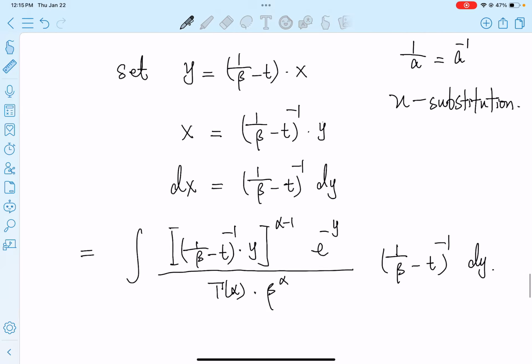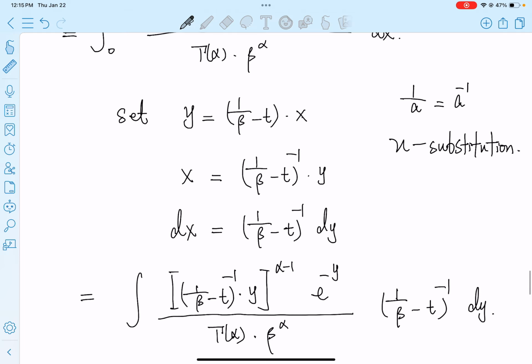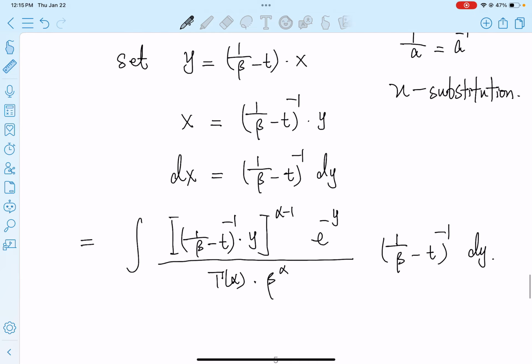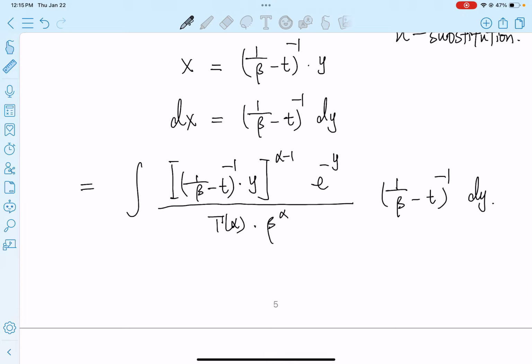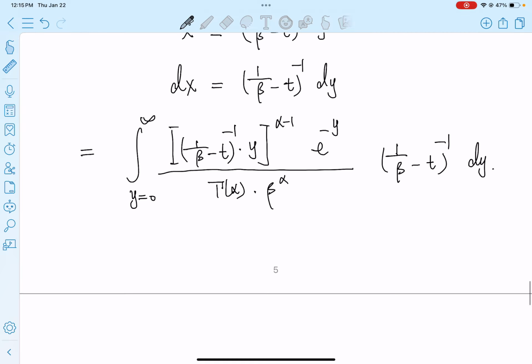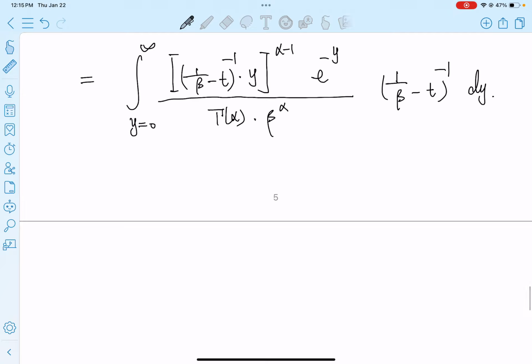And again, if you plug in x equal to 0 or x equal to infinity, you will see that the range for y is also 0 to infinity. So if you want, you can put y from 0 to infinity for the lower and upper bounds. And now the trick is the same as what we did in the kernel function.